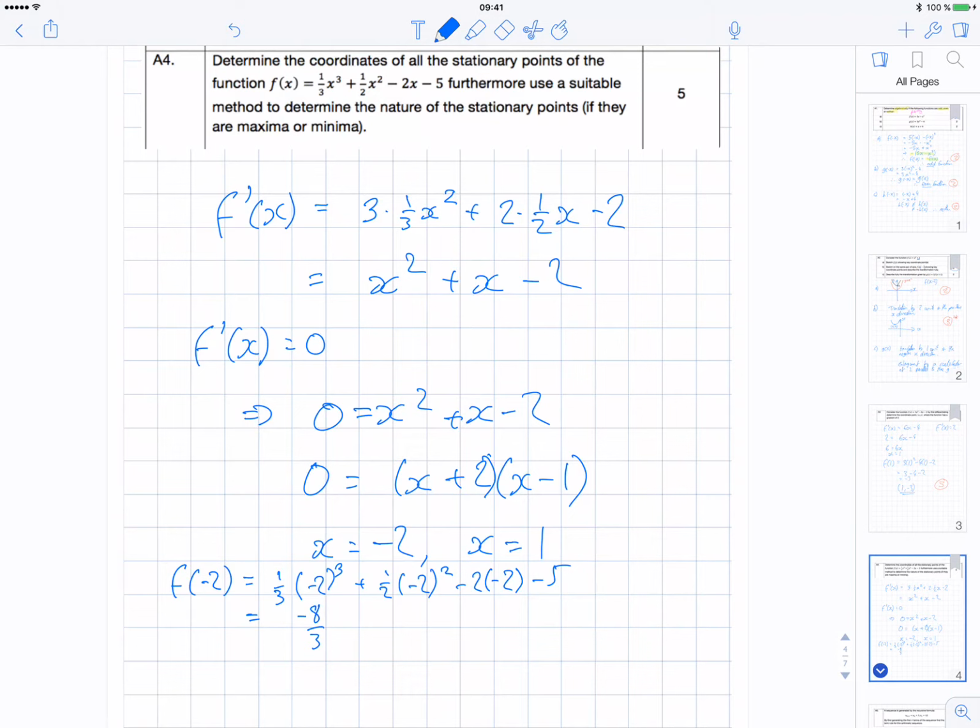Minus 2 squared is 4, so half of 4 is 2. Minus minus is plus, that's plus 4 minus 5.